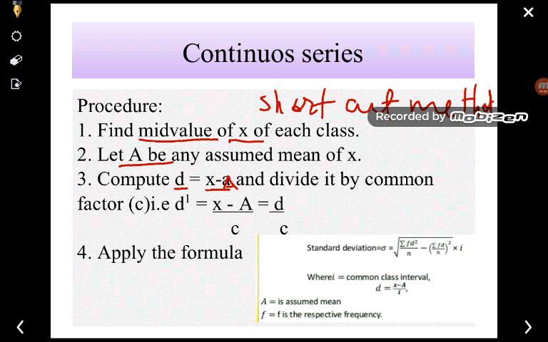You have to find the difference between the variables and the assumed mean. That will be the deviation, and then divide by the common factor or class interval जितना है उससे divide करना.